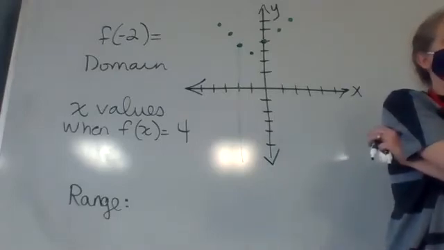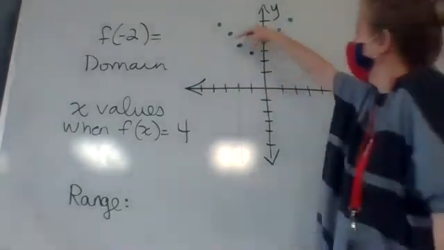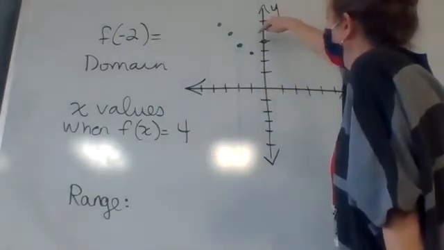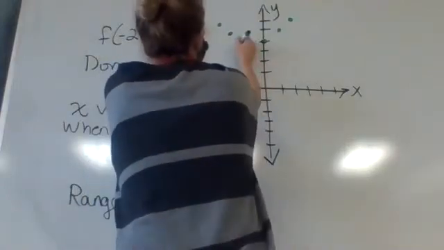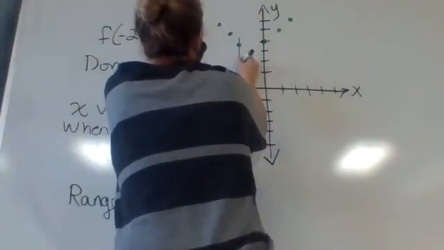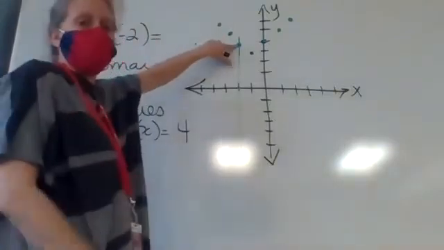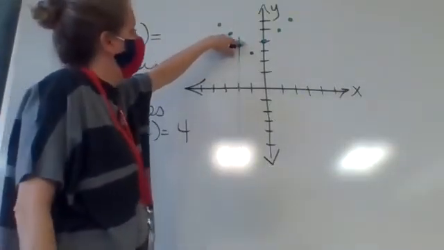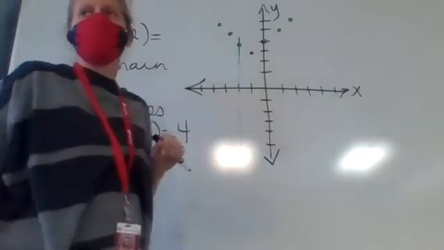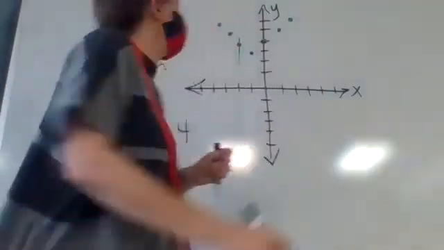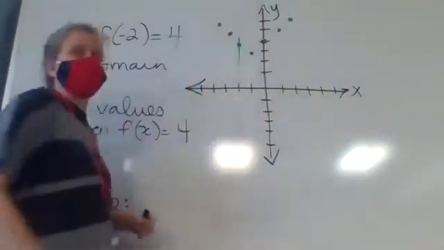What's the y coordinate of that point? Oh, mine doesn't line up very good, does it? What is the y coordinate of this point? It's 4, which means f of negative 2 is 4.